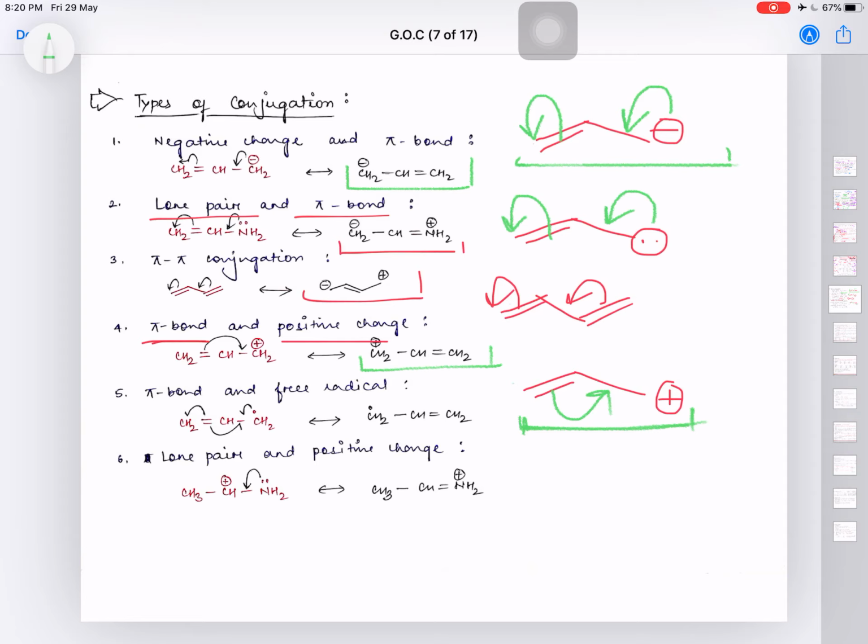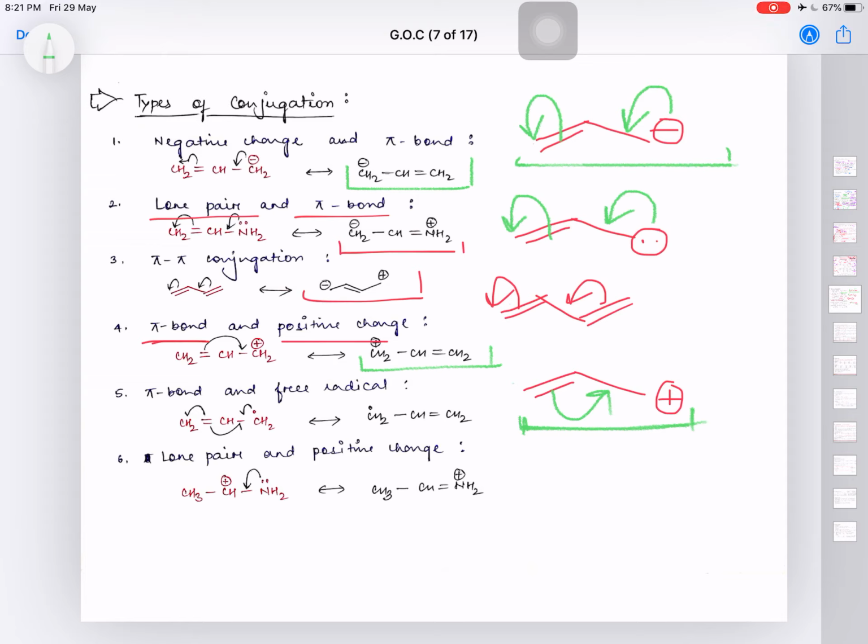In the second structure, you have lone pairs, so the arrow is going away from lone pairs. Now in the fourth structure, we have a plus charge and the arrow is going towards the plus charge, because lone pairs and minus charge are rich in electrons, so they will donate the electrons. That's why arrows go away from lone pairs or minus charge, whereas plus charge is deficient of electrons, so some other thing will donate its electrons to the plus charge.